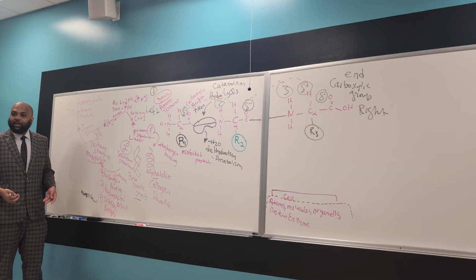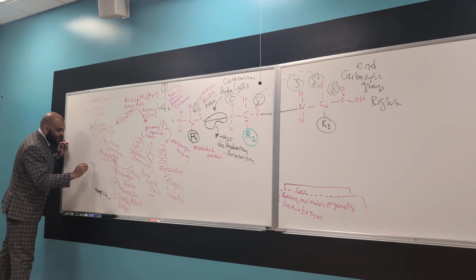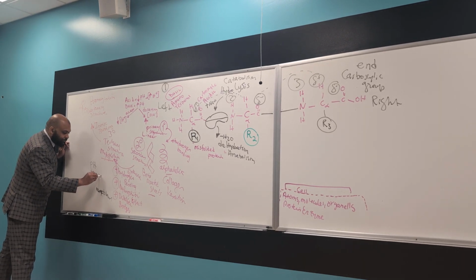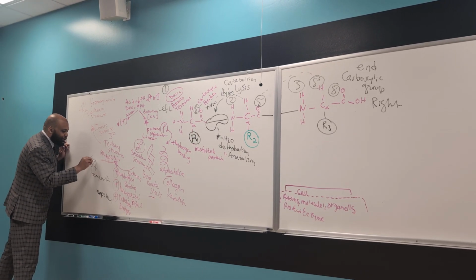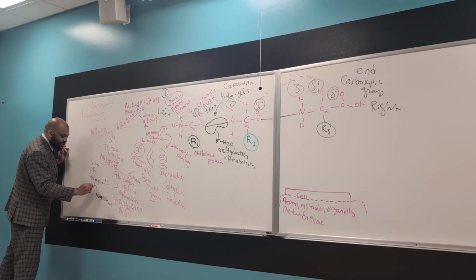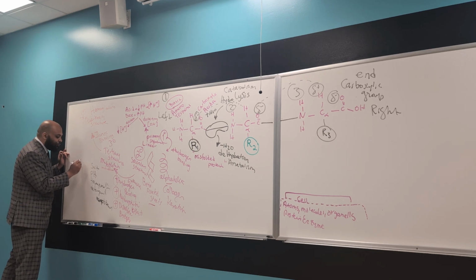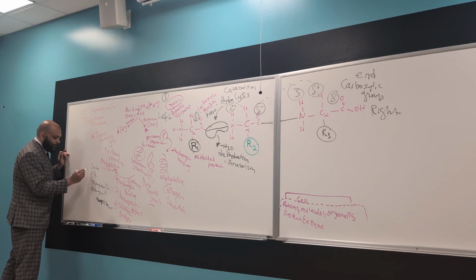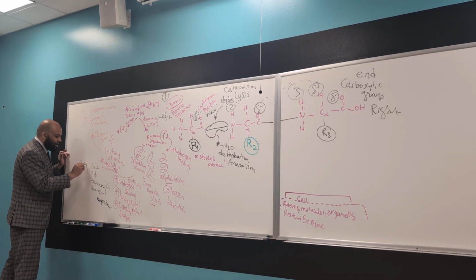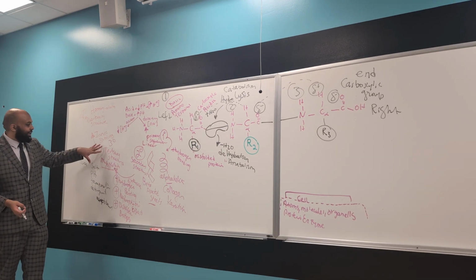If you change the pH, if you mess with the temperature, if you mess with the salt, if you add some chemical detergent, if you add urea, all of these weak bonds are going to get denatured.